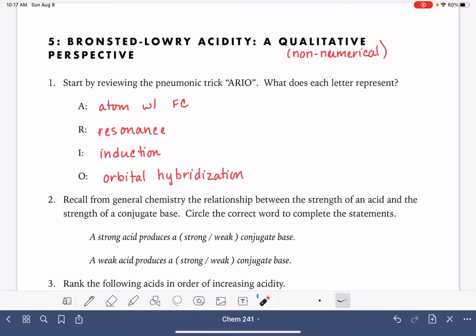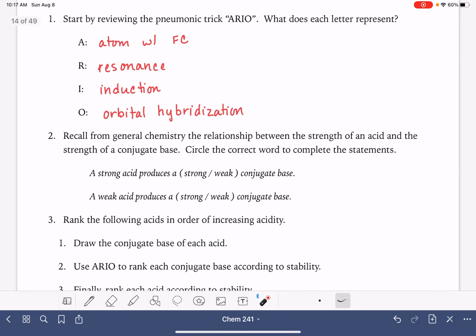Also, another thing that we want to be thinking about before we jump into the two examples that I have here, we want to remember from general chemistry the relationship between the strength of an acid and the strength of its conjugate base. In Gen Chem, you learned, but maybe you have forgotten, that a strong acid produces a weak conjugate base and a weak acid produces a strong conjugate base.